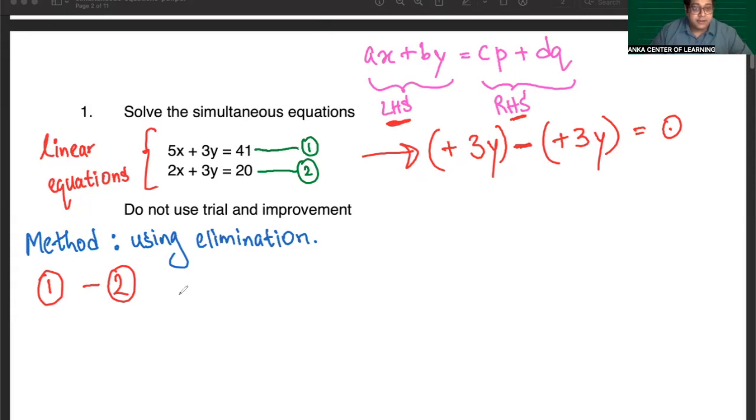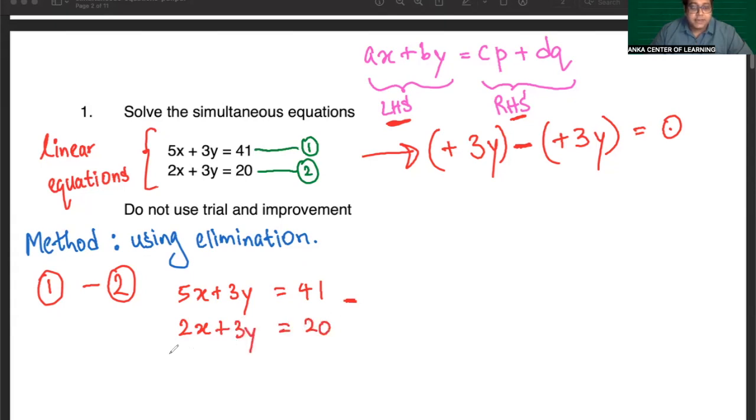So we are going to write 5x plus 3y equals 41. I'm going to repeat equation 1, then minus equation 2, that will be 2x plus 3y equals 20.